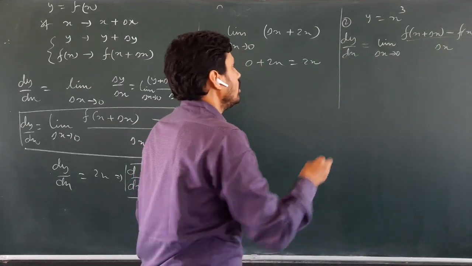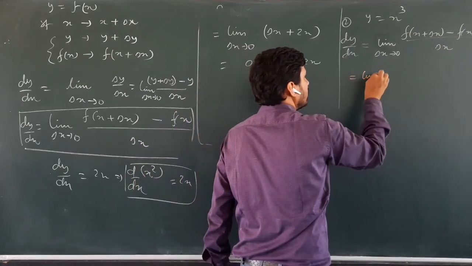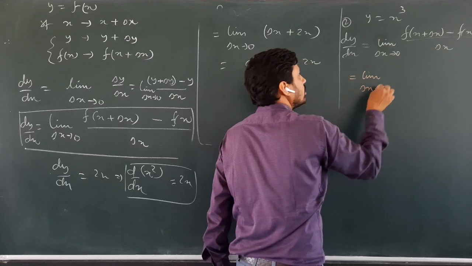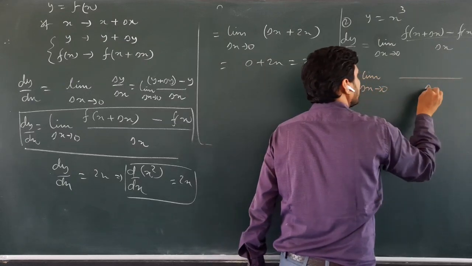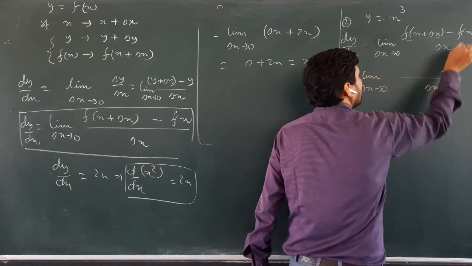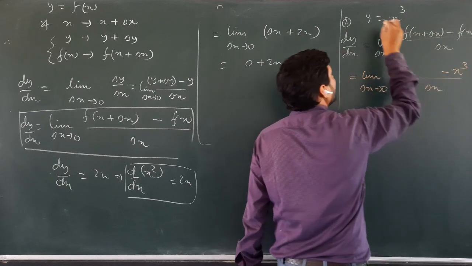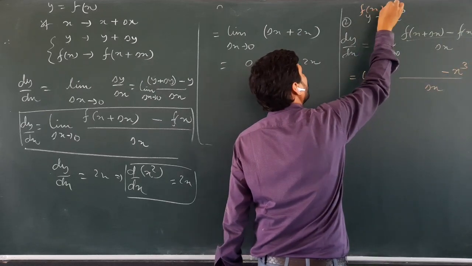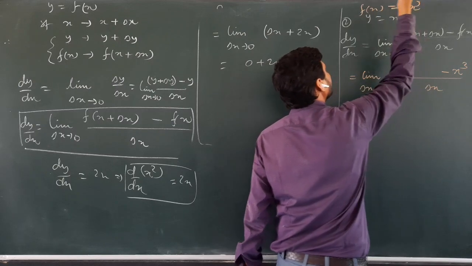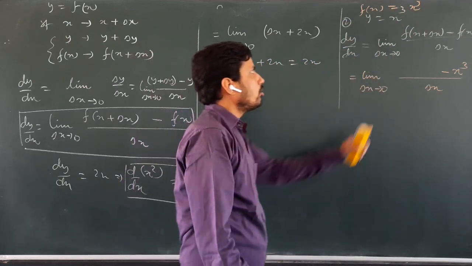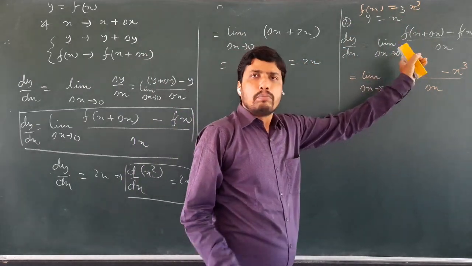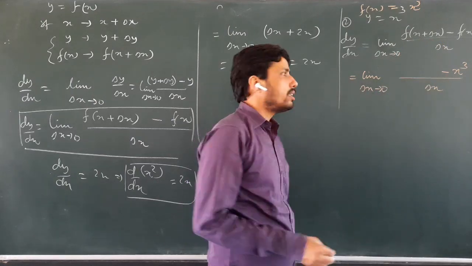Okay, so f(x) is x cube. We choose y to be f(x), so f(x) is equal to x cube. So what will be f(x plus delta x)? In place of x, we will put x plus delta x.